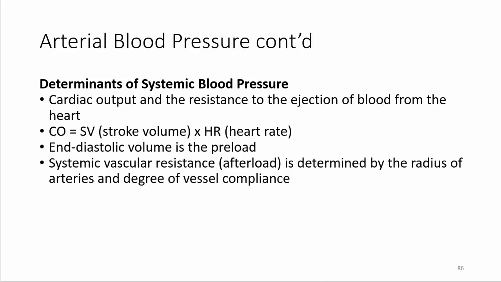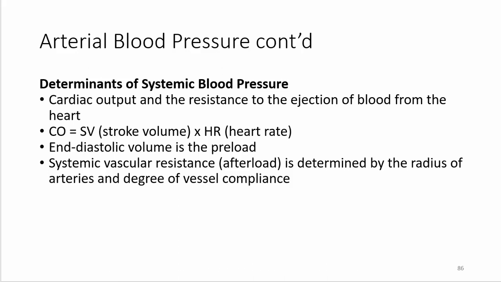So anything that increases heart rate will increase CO, which will then increase blood pressure. Anything that increases stroke volume will increase cardiac output, which will increase blood pressure. Anything that increases vascular resistance will result in an increase in blood pressure as well.